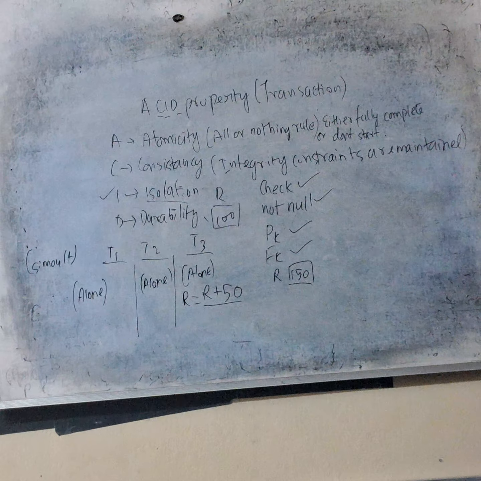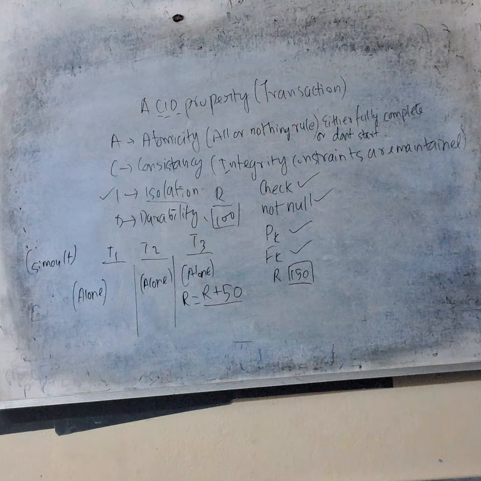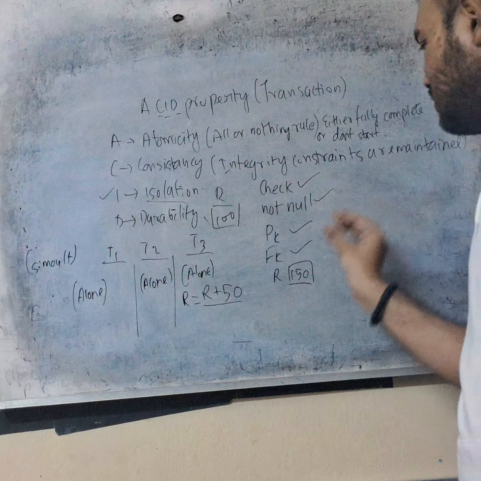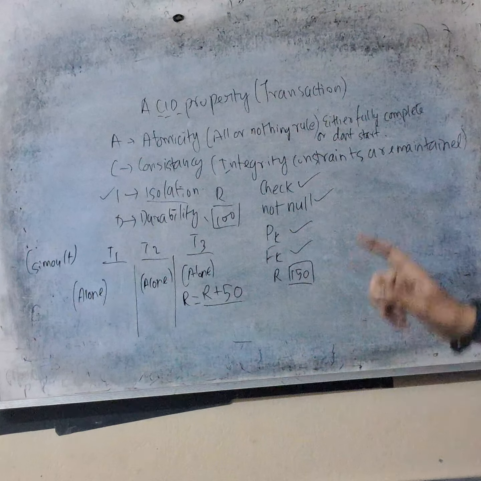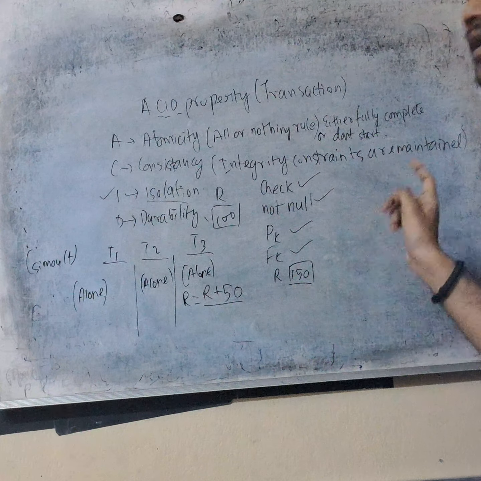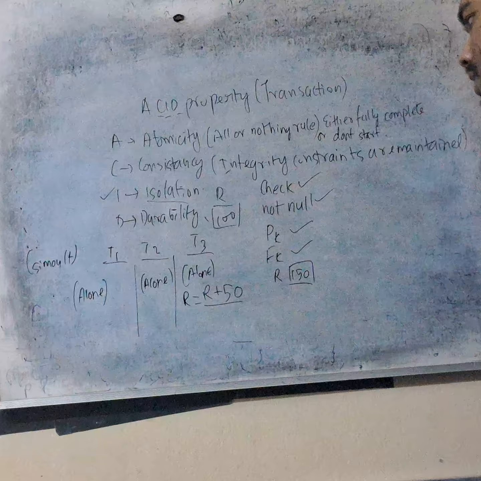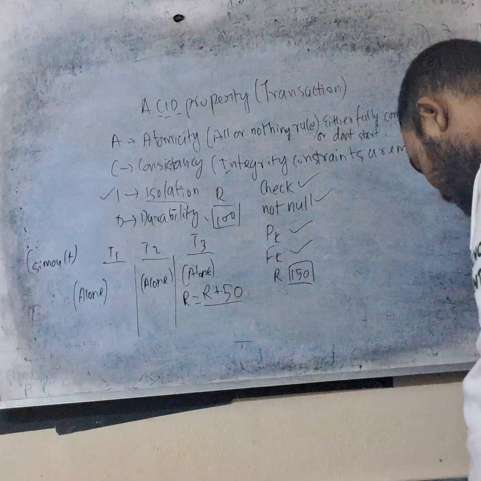There is no doubt in that. But the main question is, when will you get to see the final value of r, which is 150? Only when the value is written back to the secondary memory can you see the value of r as 150. Before that, you won't see it. So that's a very important thing.